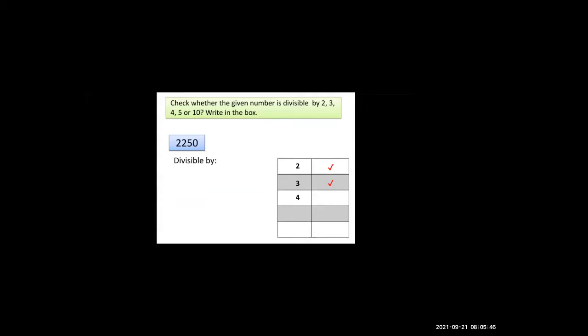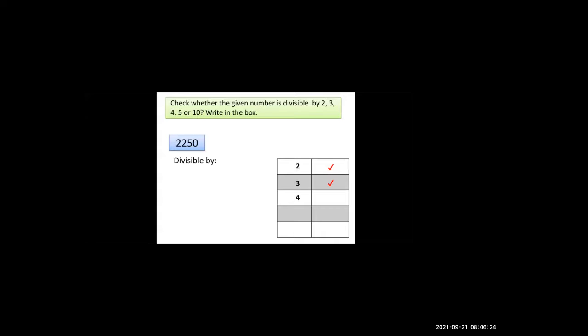Is the number 2250 divisible by 4? Yes or no, beta? Yes, Adarsh, tell me. How to check whether a number is divisible by 4 or not?